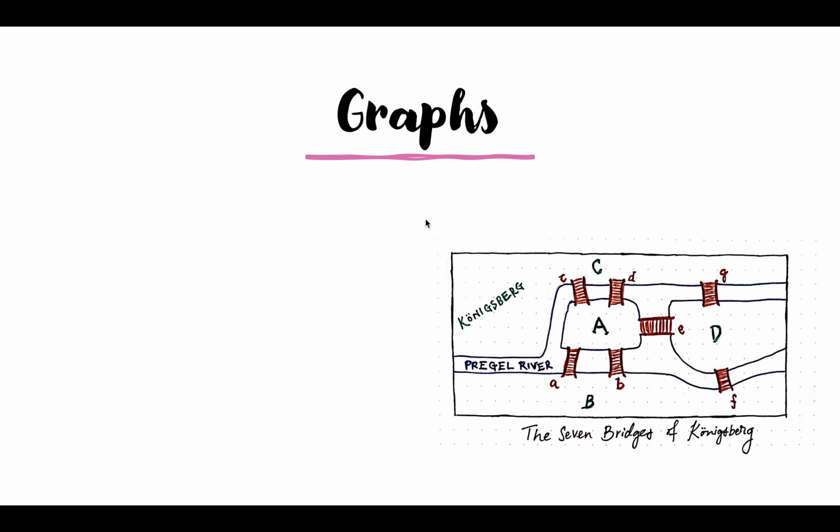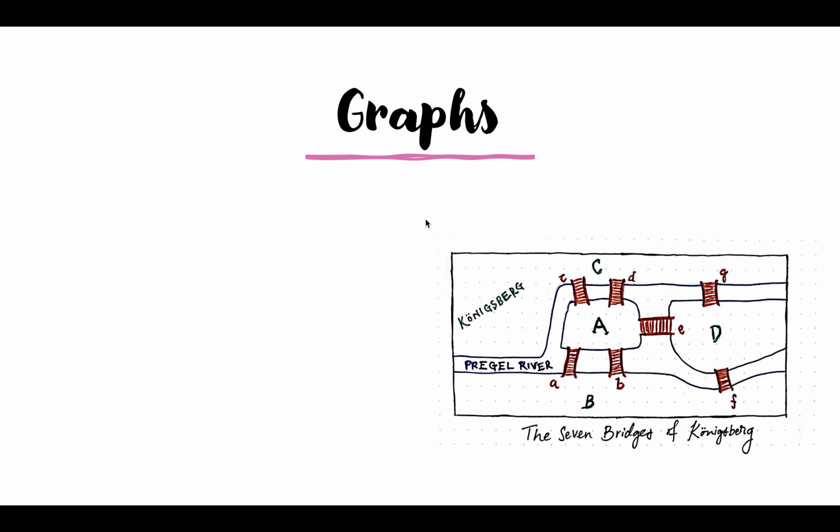7 bridges located on the Pregel River, and the main question they had, and they were trying to solve it by just walking on the bridges without any mathematical formulation, was: is it possible for a citizen to take a walk through the town in such a way that each bridge would be crossed exactly once?